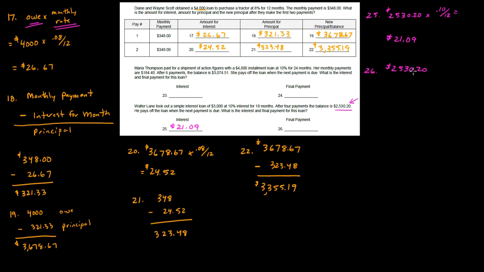So how much do I have to pay in interest? I have to pay the $21.09. I can't just not pay that month's interest because I decided to pay it off at the end of the month. So I have to add those two together. And when I add them together, the final payment I write to the bank is $2,551.29.